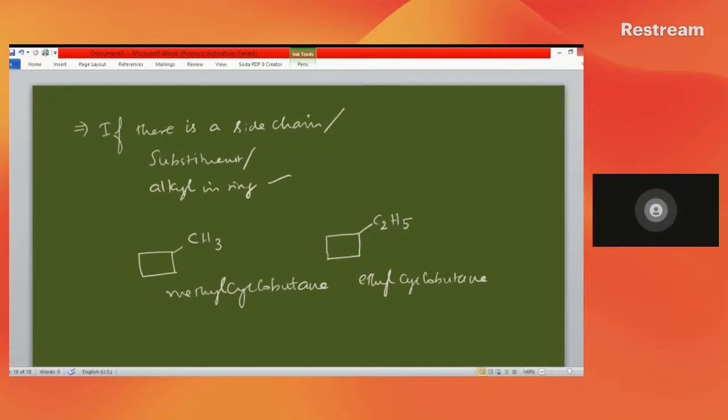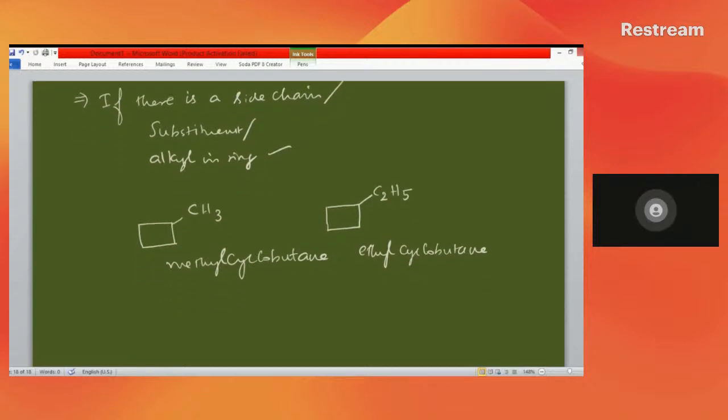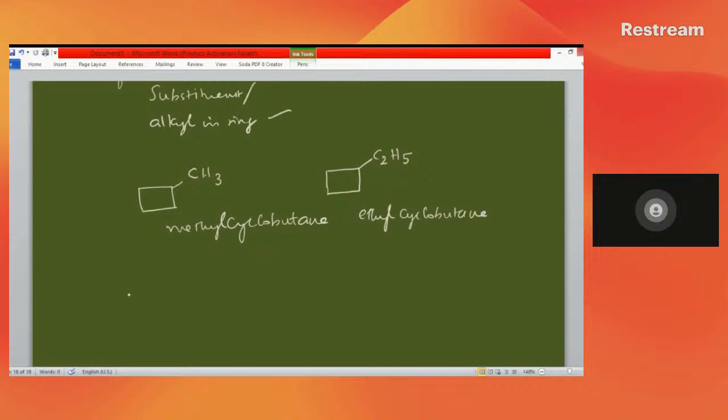And if you are given a substance like this, when there are 6 carbon atoms in the ring structure and there is a branch found in this position, you can call it methylcyclohexane, as there are 6 carbon atoms in the ring.